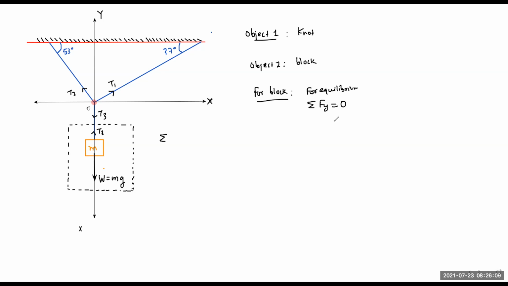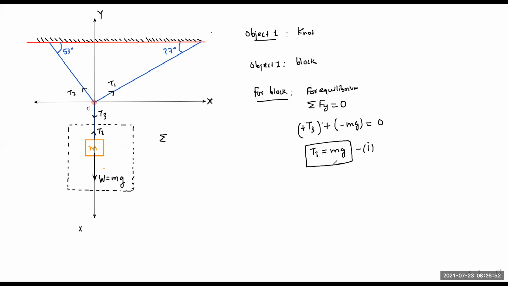I'm not writing x, because there is no force along the x-axis. Now T3 is upward, plus mg is downward, so we write minus mg. If you add up, it must be zero, which gives T3 equals mg. So T3, which was unknown, we now know its value. We'll keep it ready for other calculations, so let's call it equation 1.